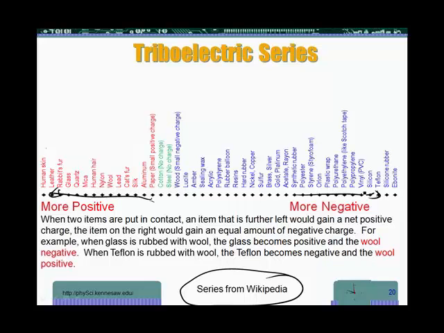For example, we took the example of wool last time. Wool is here. So if wool interacts with one material from this side, wool is going to be negative and the material is going to be positive.